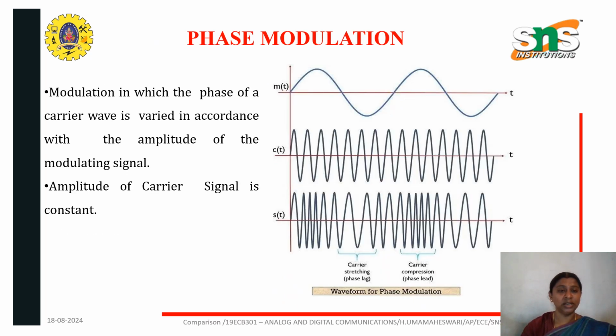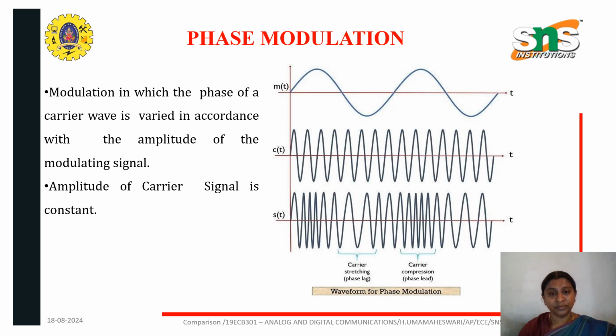Next one is phase modulation, a modulation in which the phase of the carrier wave is varied in accordance with the amplitude of the modulating signal. The amplitude of the carrier signal is also constant here. The first figure shows the amplitude of the message signal. As usual, the carrier signal amplitude is constant, whereas in the phase modulated wave we have carrier stretching and carrier compression.